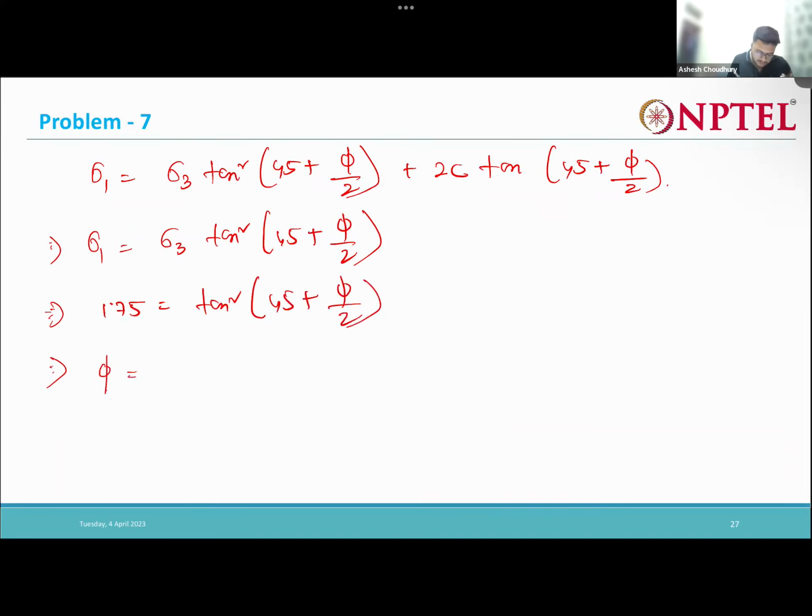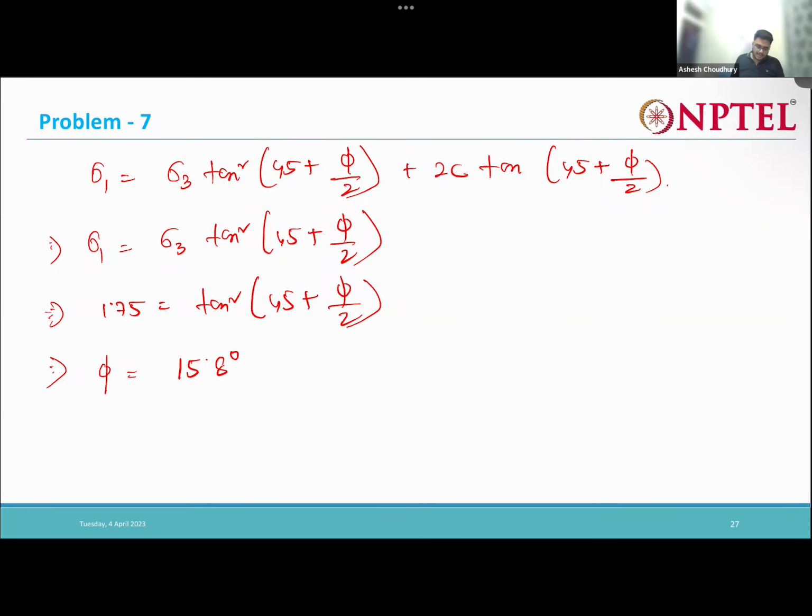So please calculate phi from here. Root over 1.75, then tan inverse of that, then minus 45, then into 2. It should be 15.8 degrees.